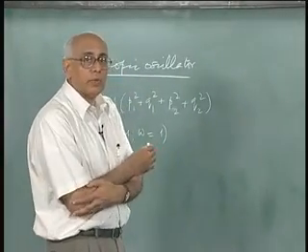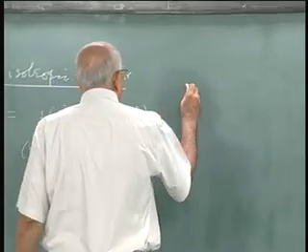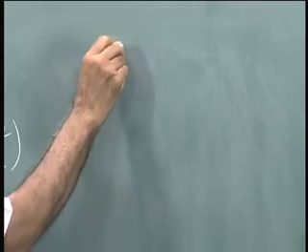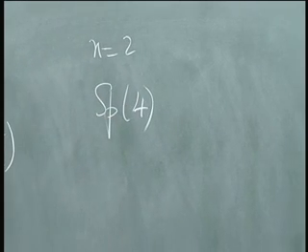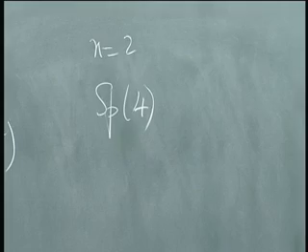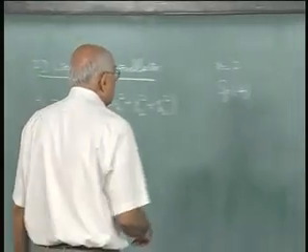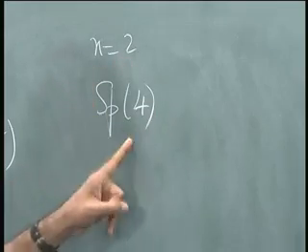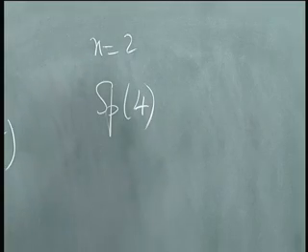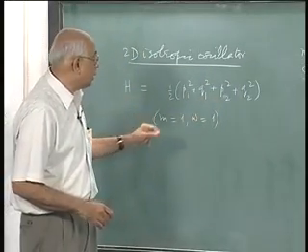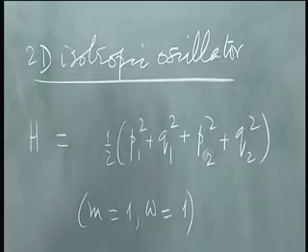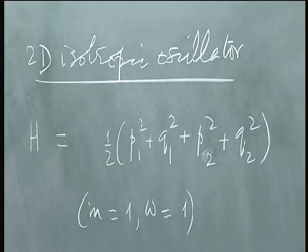It is a symmetry group of transformations, and the statement we made was that since this is a 2 degree of freedom system, n equal to 2, the symplectic group SP4, the group of 4 by 4 matrices, is isomorphic to the group of canonical transformations of this Hamiltonian, and the subgroup of this group which leaves the Hamiltonian unchanged is the group that leaves this form unchanged, and that is the set of rotations in 4 dimensional space because there are 4 variables.